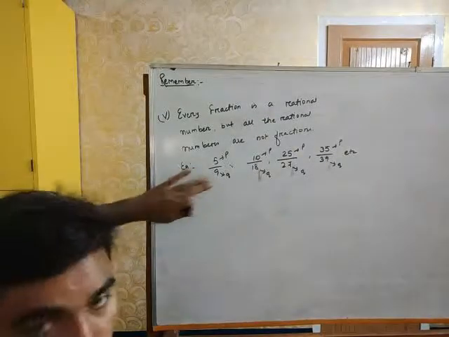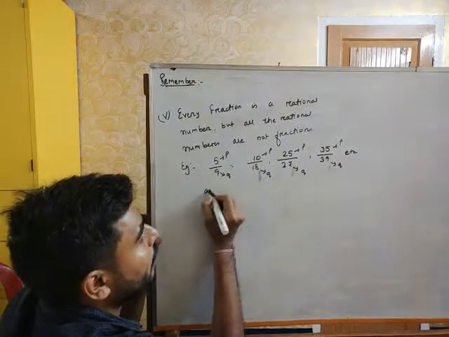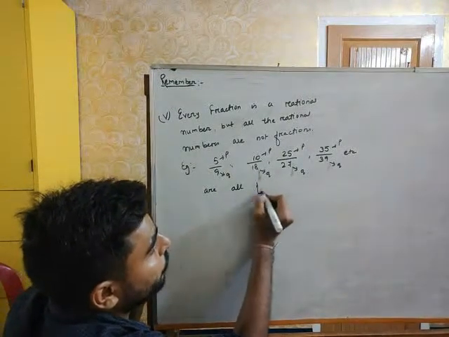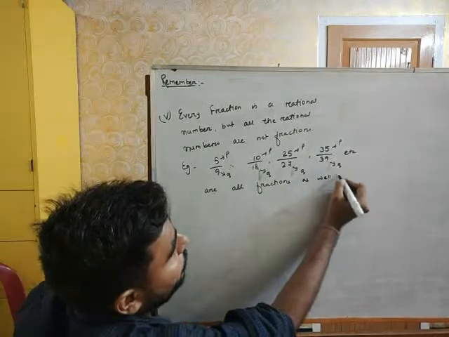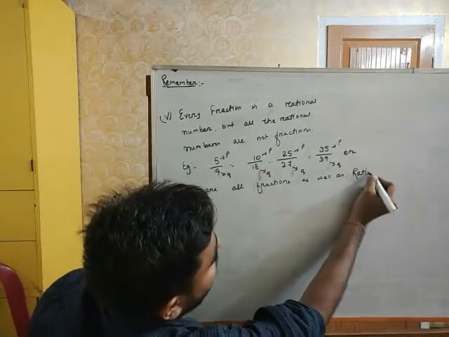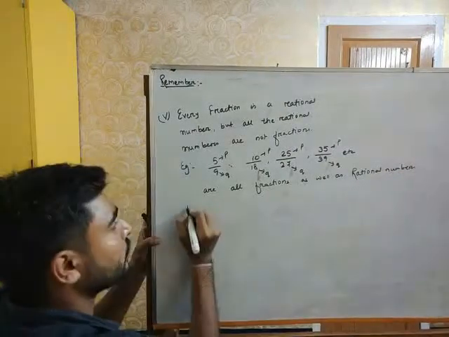These etc. are all fractions as well as rational numbers. These are all fractions and also rational numbers.